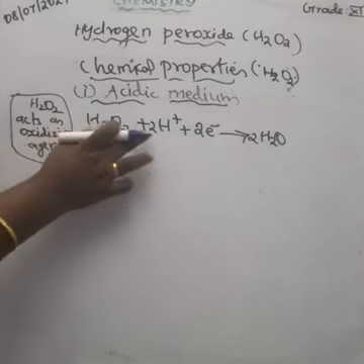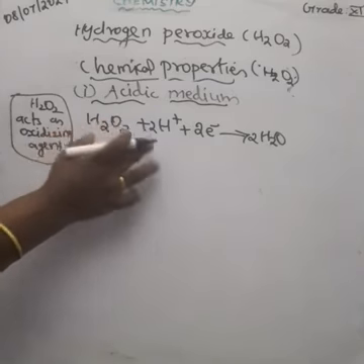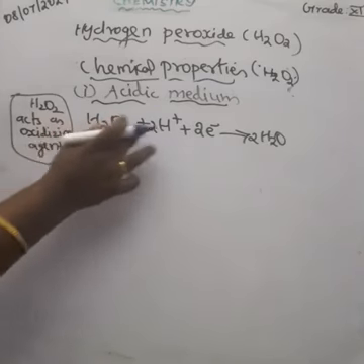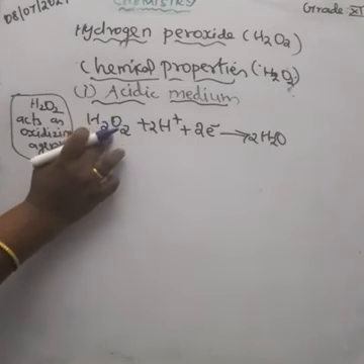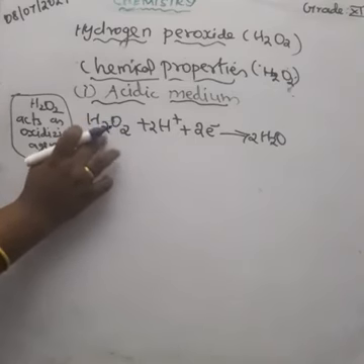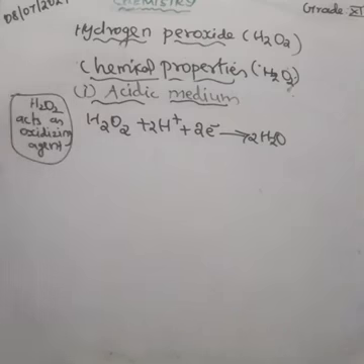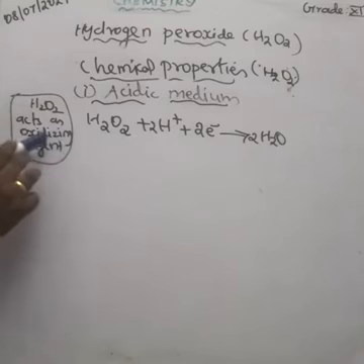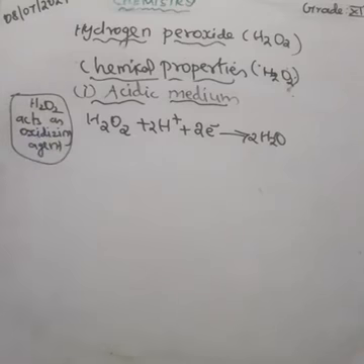So here the two electrons are given by this hydrogen peroxide to this hydrogen atom. Understood? So in acidic medium, hydrogen peroxide acts as the oxidizing agent.